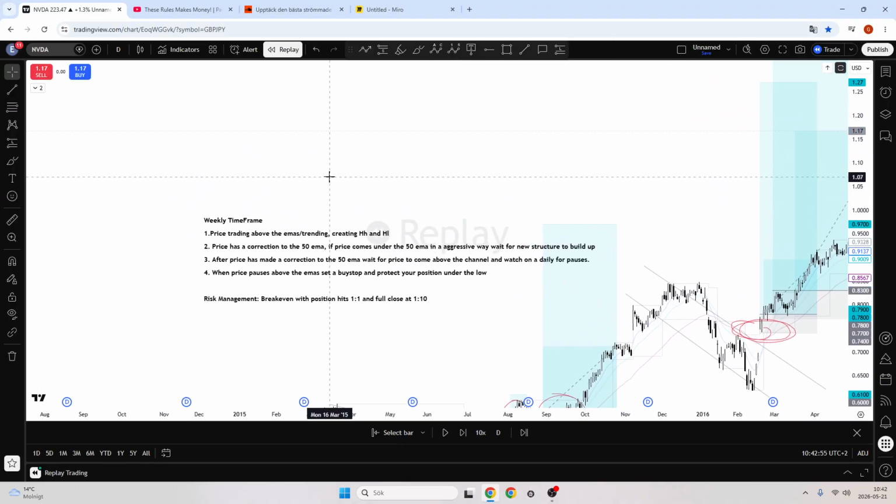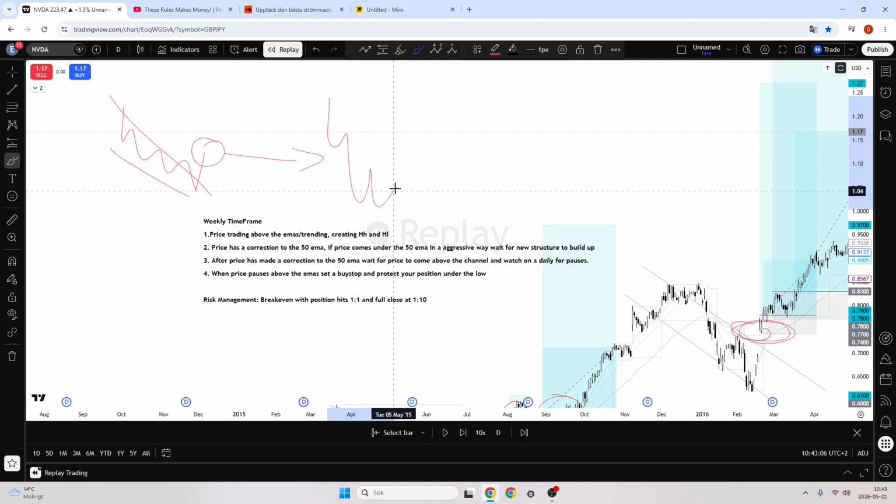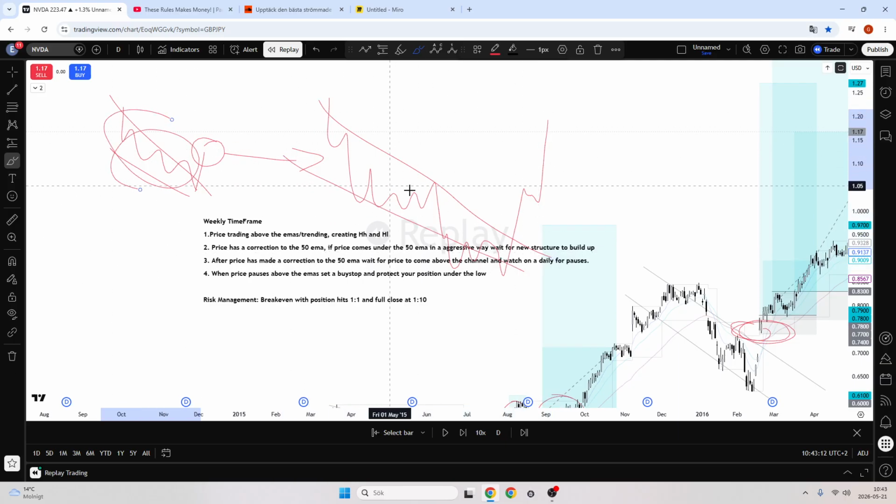This basically means that when weekly has done this and price has made a move out of this channel right here, we check this on a daily and it would simply look something like this on a daily. This is the weekly range right here. This is the weekly, and we will watch when weekly start to come out of this channel. We will watch right here, and this area right there is this area right here for a pause, buy, stop.